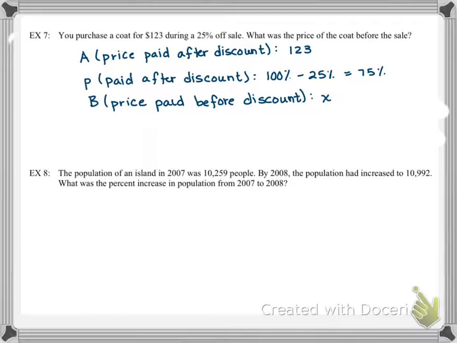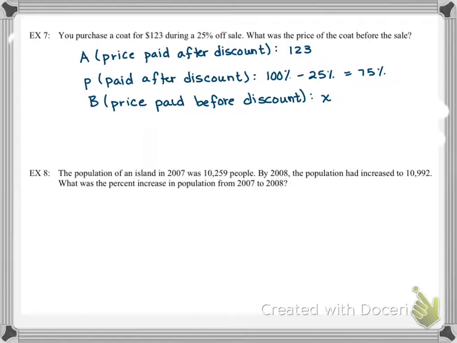So this comes back to making sure that the amount and the percent represent the same thing. It's easy to just see a percentage there and say, oh, the percent is 25, because that's the percent you see. But if you put 123 in for your amount, that would be saying that 123 is 25% of the cost, which isn't the case, right?